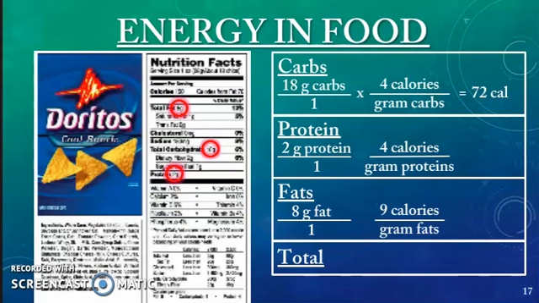So 18 times 4 is 72 calories for carbs. Do the same thing for protein: 2 times 4 is 8. And for fats, 8 times 9 is 72. And lo and behold, we add these numbers together and we get 150 calories. And that's exactly what the manufacturer of Doritos says.